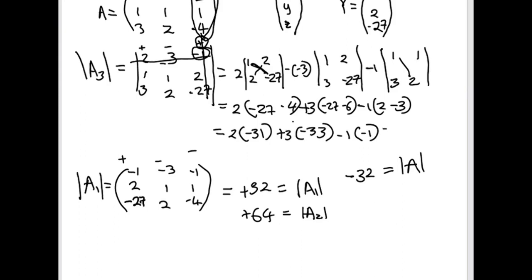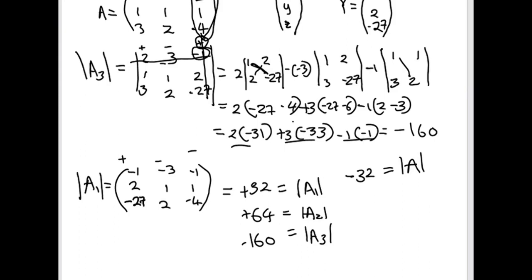So by the time I add all this together, I'm going to have negative 160. Multiplying these expressions and adding them together will result in this answer, negative 160, and that gives me my determinant for the third augmented matrix A3.